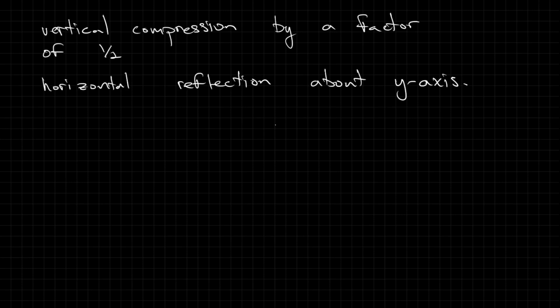Now I know what transformations are being applied to my toolkit function, and I'm going to go ahead and sketch my toolkit function. So we'll sketch and transform. Let's go ahead and get a good sketch. Get your axes.